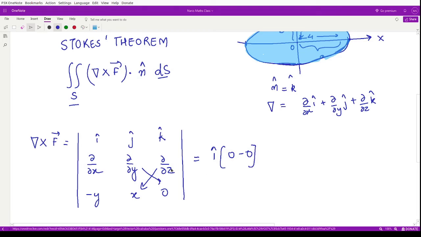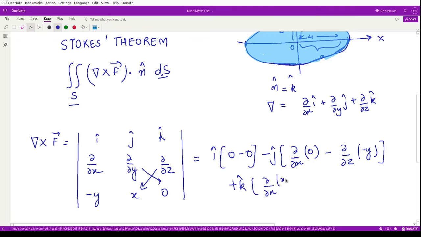So you have 0 here because these are the partial derivatives: del by del x of 0 minus del by del z of minus y, and then we'll perform plus k cap of del by del x of x minus del by del y of minus y. Here in this case you cannot just simply multiply these two because this is the operator over here.